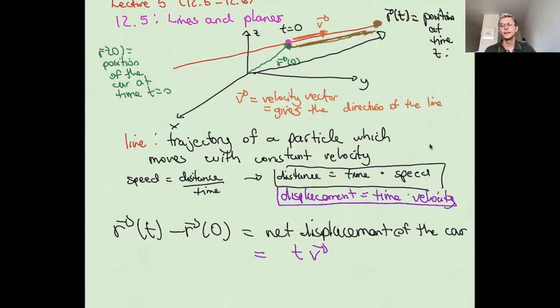So R of t is the position measured from the origin at time t, right? And R of 0 was the position measured from the origin at time 0, right? So there's a vector, this brown vector, that connects these two dots, and that's the net displacement. That's how much you moved along the road. Is that making sense?